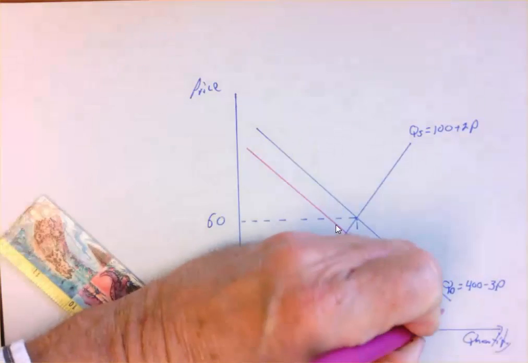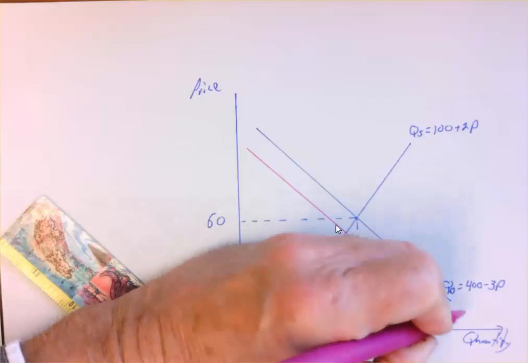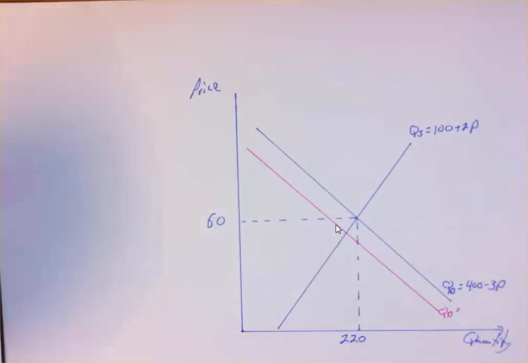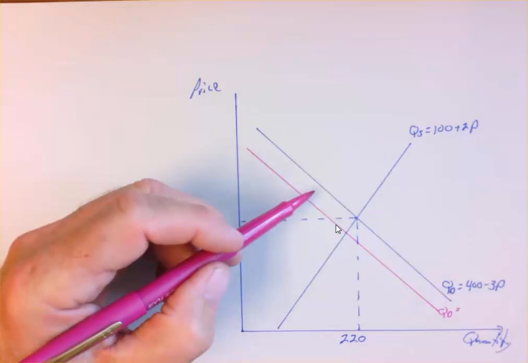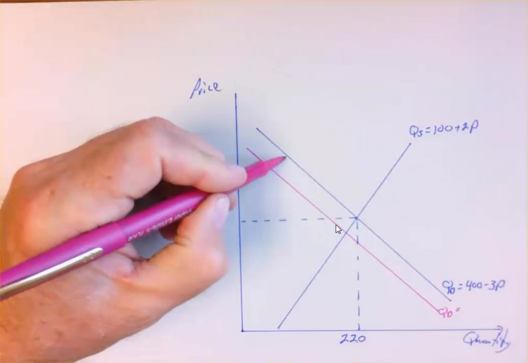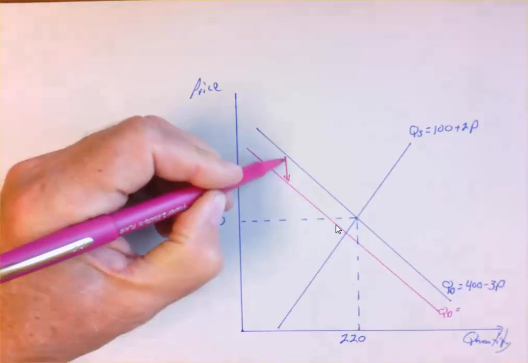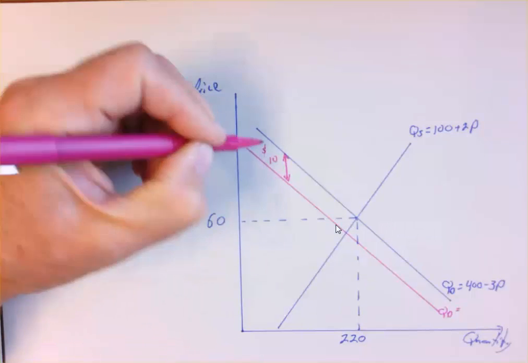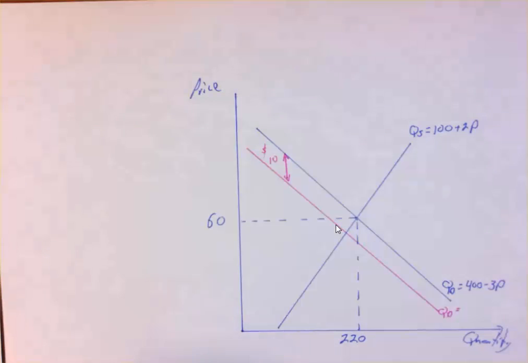We'd get a new demand equation down here, and we would find it the same way we found the new supply curve before. That is, it will be parallel to the original demand curve, but it'll be lower, where this vertical distance right here is the amount of the tax, and in this example the tax was $10. Again, thanks to Alfred Marshall, the algebra is a little bit clumsy, but you can work it out or ask me to do it in class. I'm happy to do it for you.